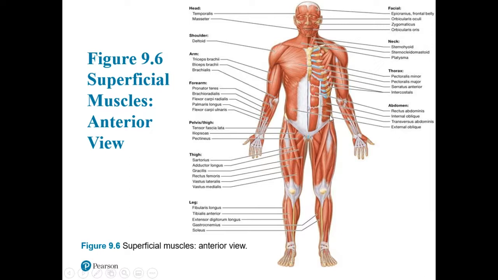Originating on the iliac crest of the pelvic bone, and then it inserts right onto the rectus abdominis through an aponeurosis, through that tendon right there. All right, so its contraction pulls in that direction, and that allows you to indirectly rotate your entire trunk at an angle. Okay, and also rotation.